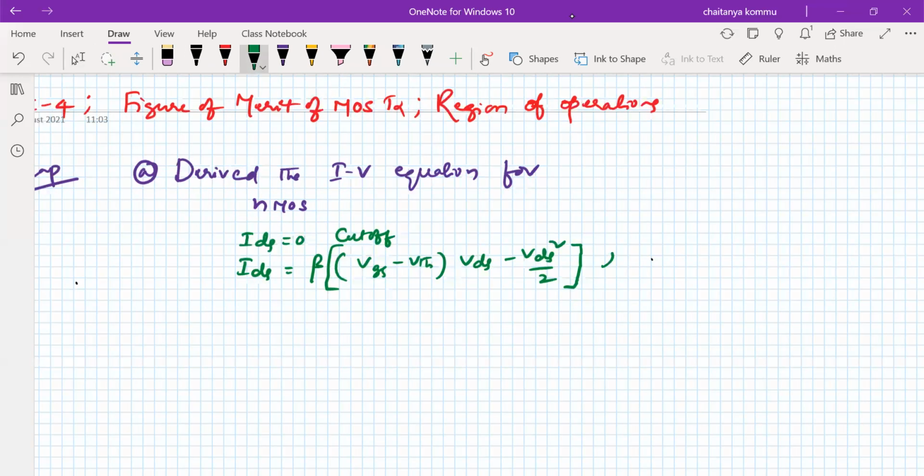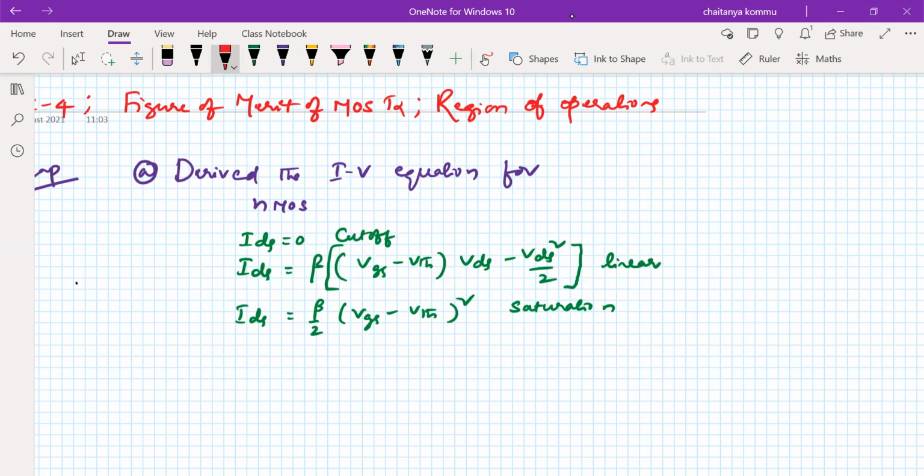The current equation is something like this. IDS can be beta by 2 into (VGS minus VTH) whole square. So this is in saturation. Everybody knows about this. So the current equation for the NMOS transistor is something like this.